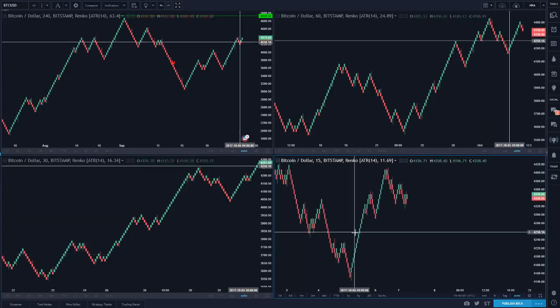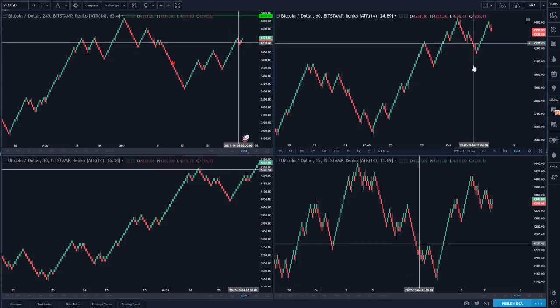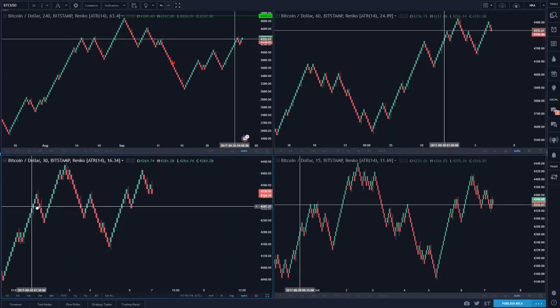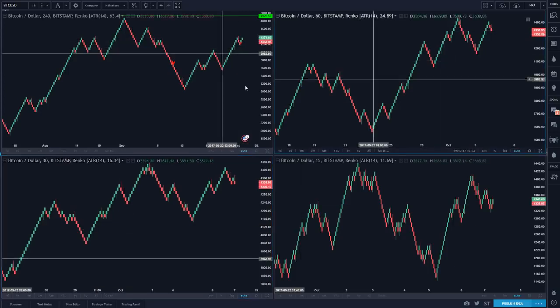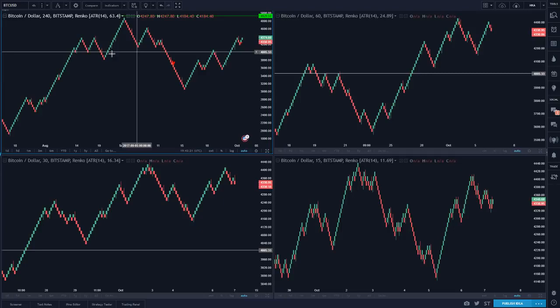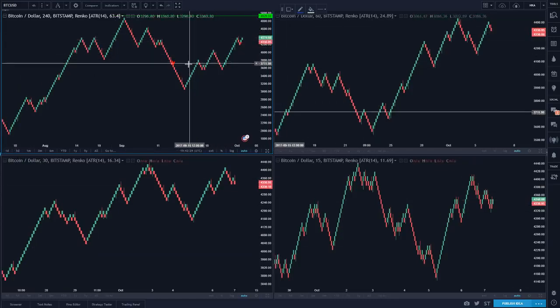Now we are on a Bitcoin chart. We are on 15 minutes, 30 minutes, 1 hour and 4 hour. Now see here, let me give you an example of this. Let's see here this uptrend, a small one.